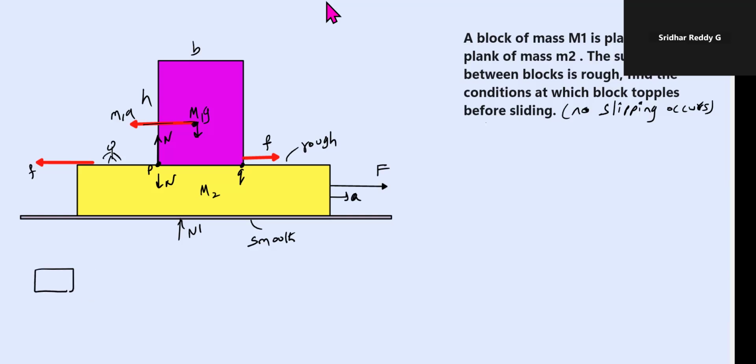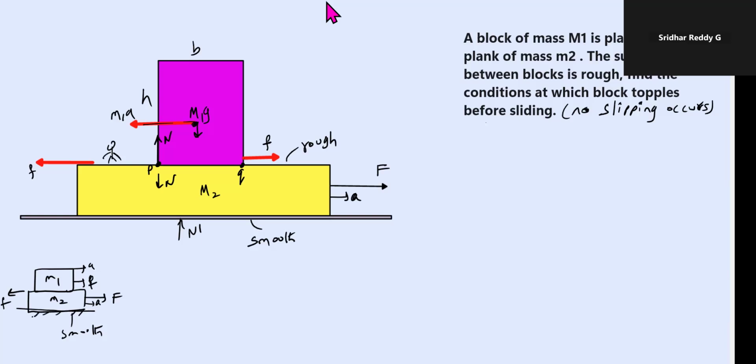Two blocks are there. We apply a force. What is the maximum force I should apply so that no slipping occurs? Then the friction here will be in this direction. Both will have the same acceleration. Hope you recollect the block upon a block problem; based on that, I'm analyzing.